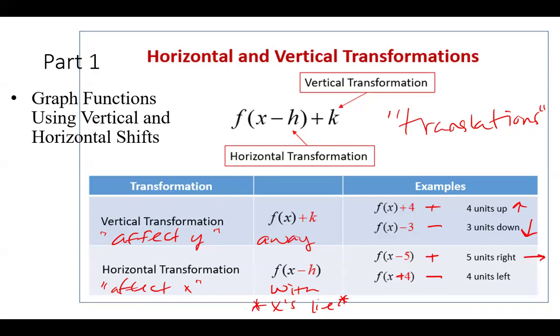And the only way to move to the right is to add something, right? In order for me to move across the x-axis to the right, I have to add. When it says plus, I'm actually subtracting, and that's going to make me go to the left.